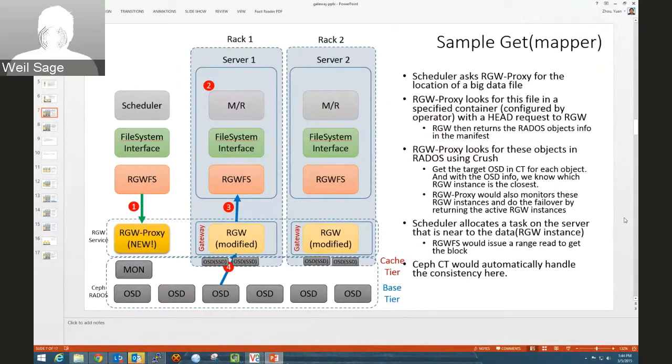Okay. So once we get these Rados objects, RGW-Proxy can do some lookup by using crush.